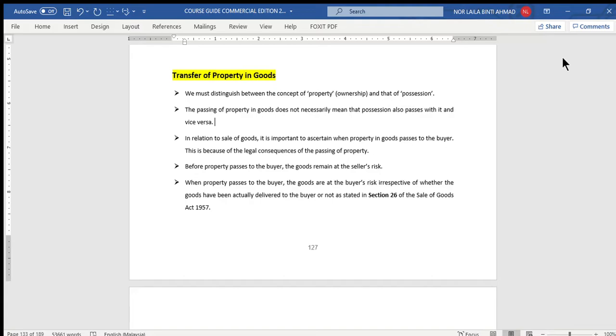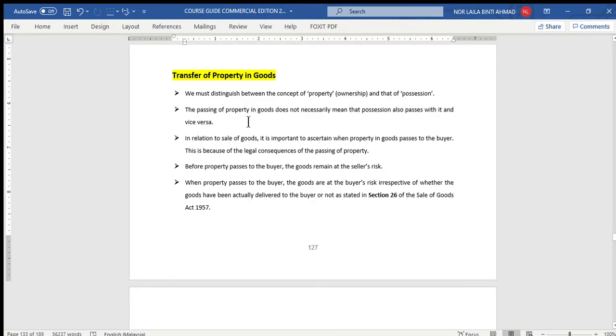When you have the possession of the goods, it doesn't mean that you are the owner of the goods. That's why if you just possess the goods, if the goods is in your possession, you cannot transfer, you cannot sell the goods to other person. However, if you have the ownership of the goods, and now you are the owner, you have right to make the sale, you have right to dispose the goods.